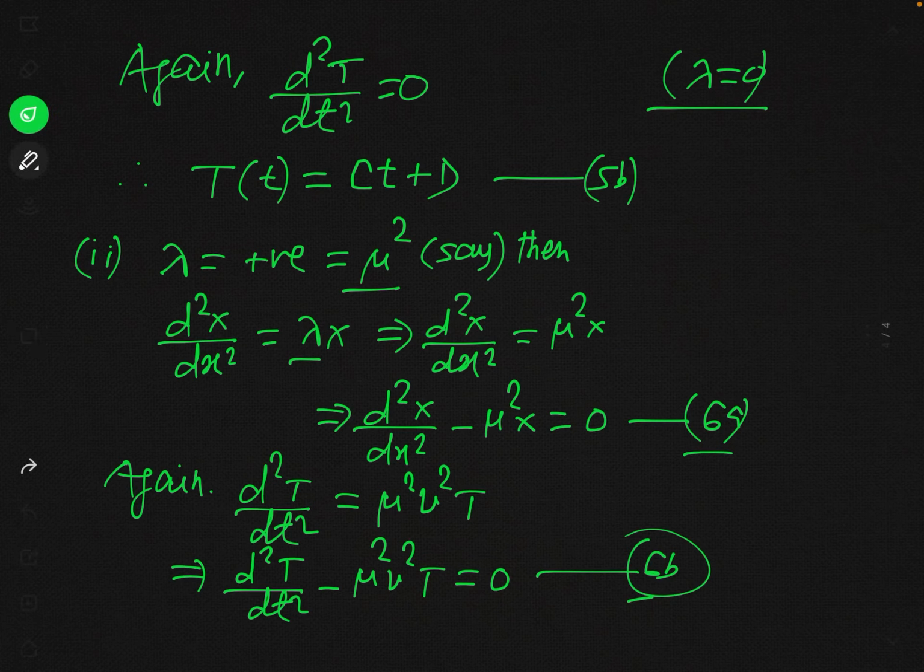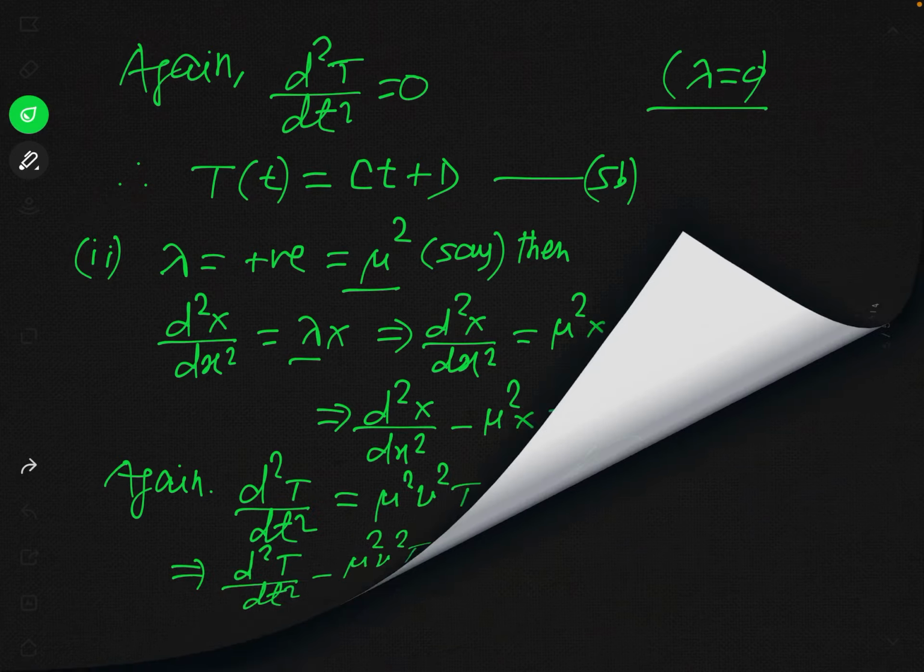In fact, at the beginning of this topic, boundary value problem, I discussed the solution of ordinary differential equations and some special functions, the solutions of different forms of a standard differential equation. I discussed that in the first lecture. On the basis of those ideas, I am now writing the solution of equations 6a and 6b.